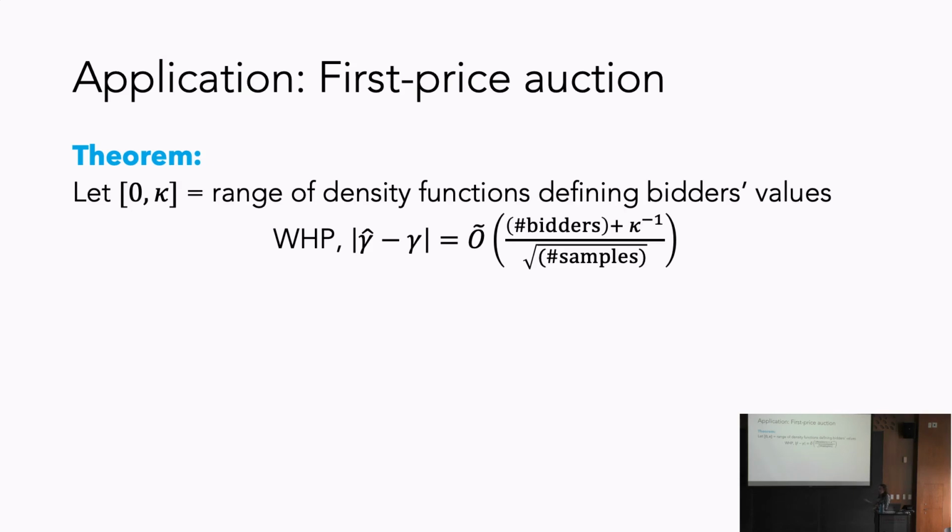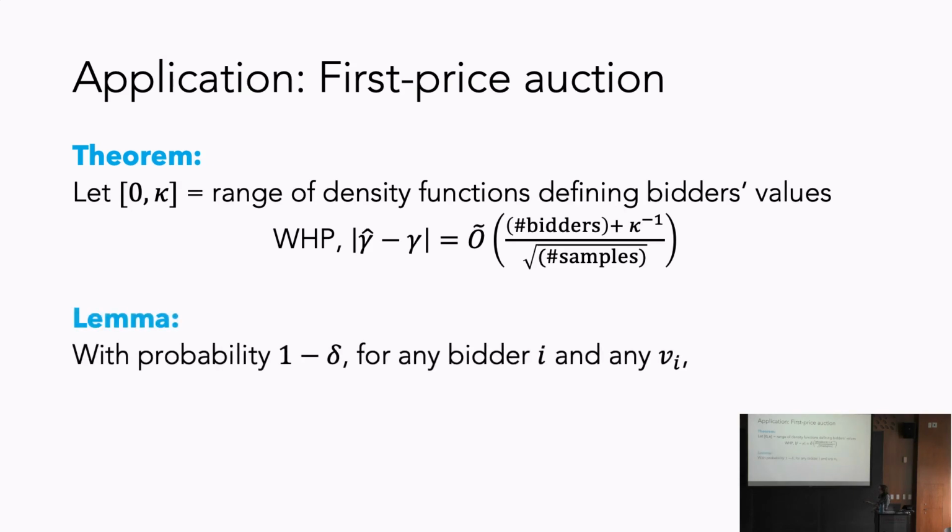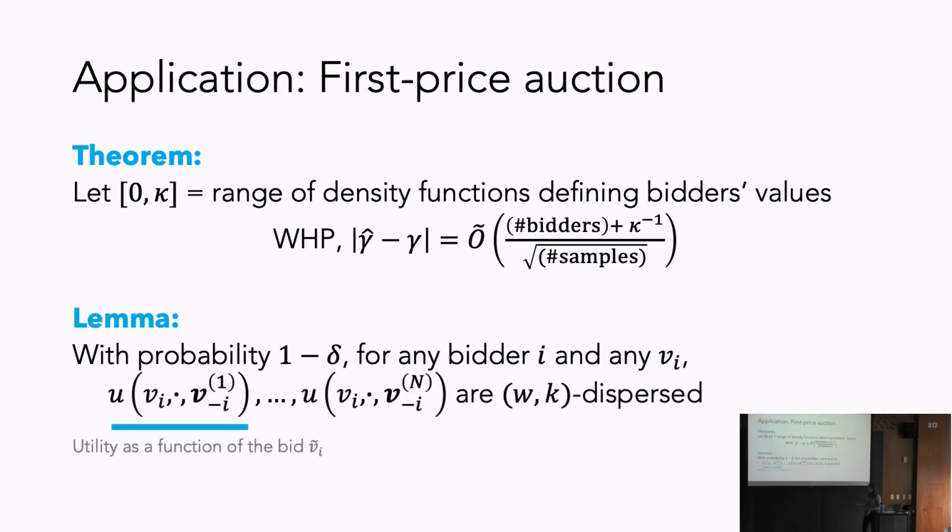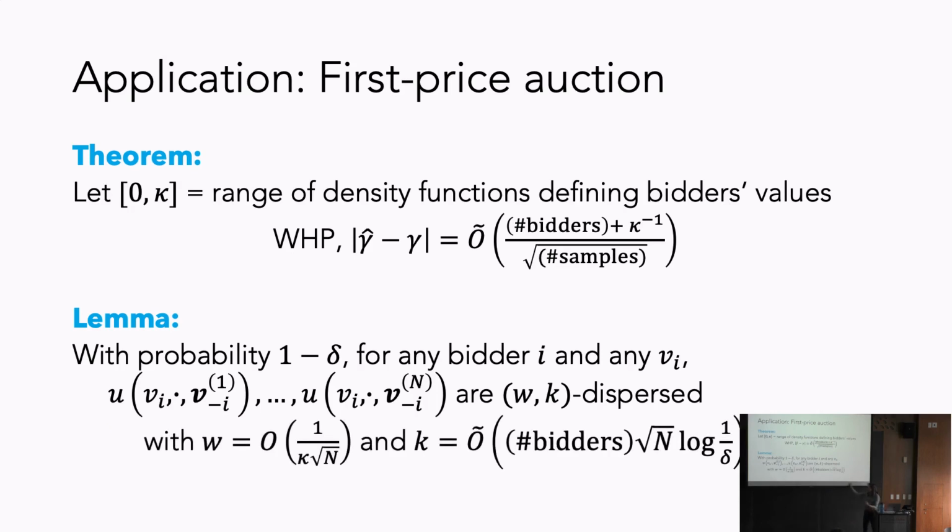I'm not going to prove all of that, but I'll prove one helpful lemma, which is that with probability 1 minus delta over the draw of the samples, for any bidder i and every value vi they might have, if you look at utility as a function of the bid, vi tilde, for all n samples, these functions are WK dispersed, specifically with W equal to 1 over kappa square root of n, and K basically square root of n. So these were the nice parameters of W and K that we saw earlier, which make our bound go to 0.